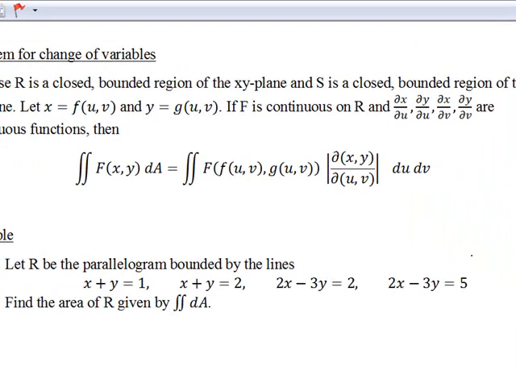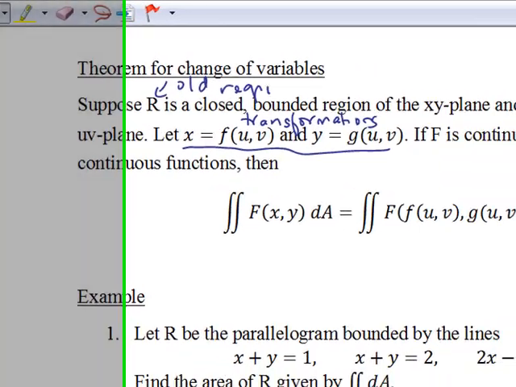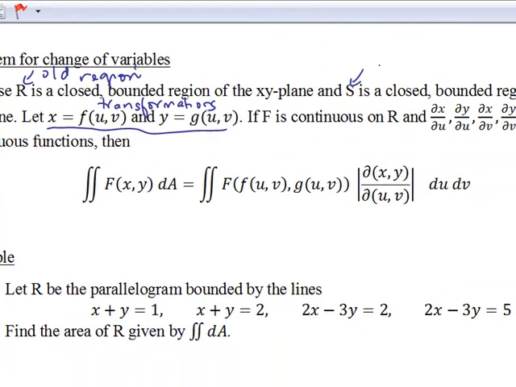So these are your transformations, okay? That's your transformations, and then R is the old region, and S is your new region.